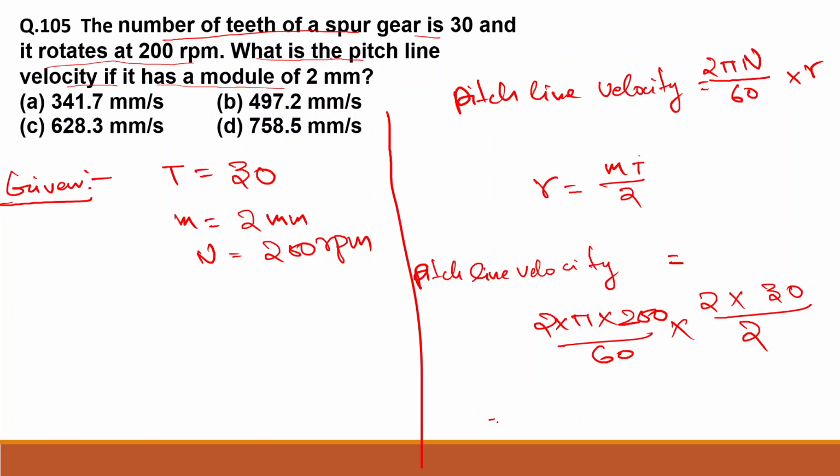By solving this we get the pitch line velocity as 628.32 mm per second. That will be our answer, and option C will be our right answer.